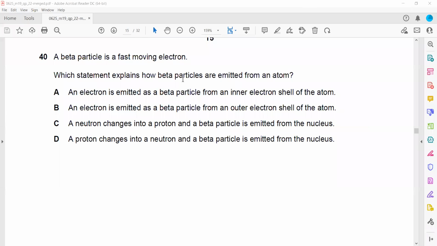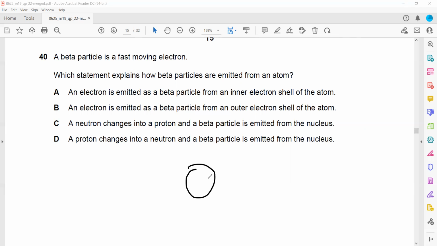Beta particle is a fast moving electron. Which statement explains how beta particles are emitted from an atom? Look, the source of the radiation is the nucleus. All these particles, alpha, beta, and gamma, are emitted from the nucleus. What happens in alpha emission? Atomic number and mass number change, but in beta there's no change in mass number, only the atomic number changes, and gamma.